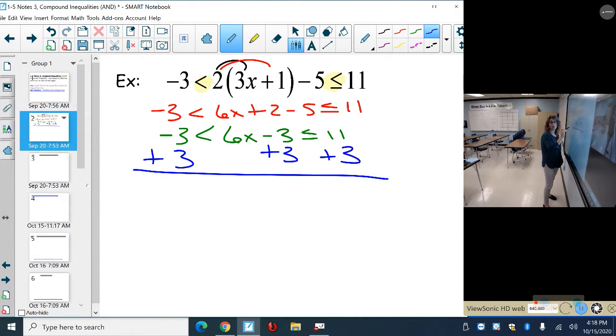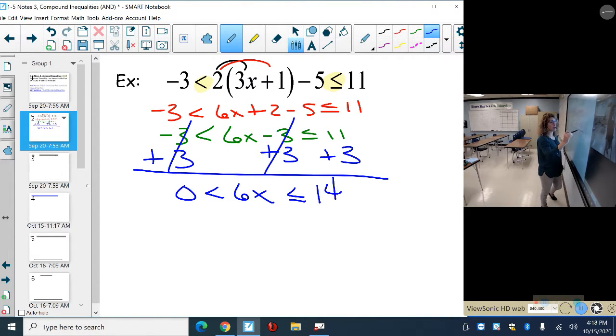So negative 3 plus 3 is going to be 0. This cancels out, and 11 plus 3 is 14. So again, if I cover up the 0, you are going to have just simply the 6x.